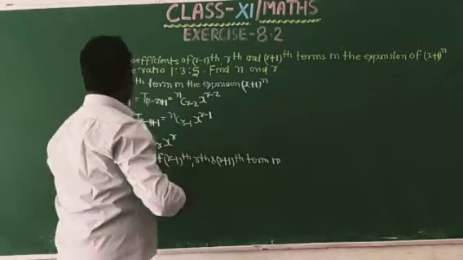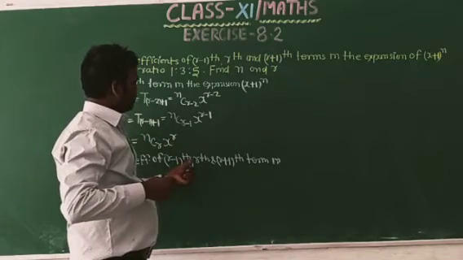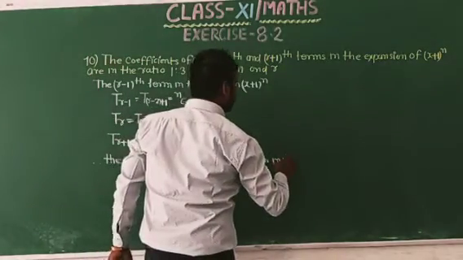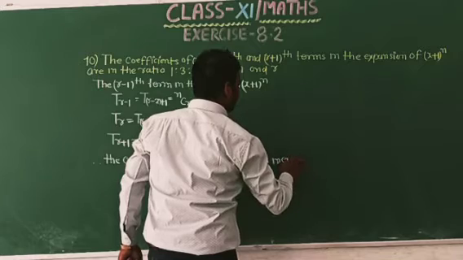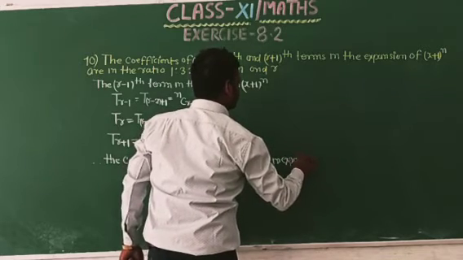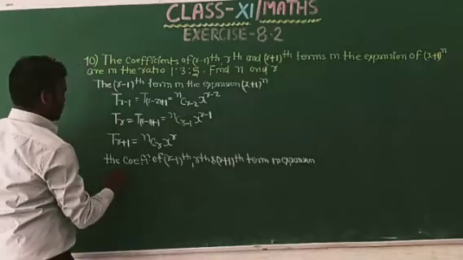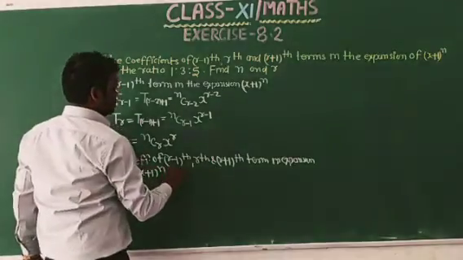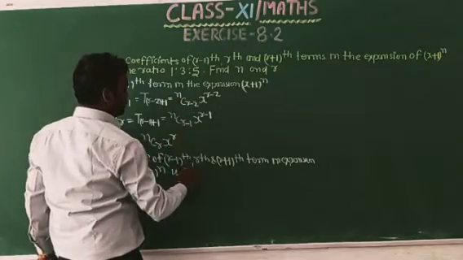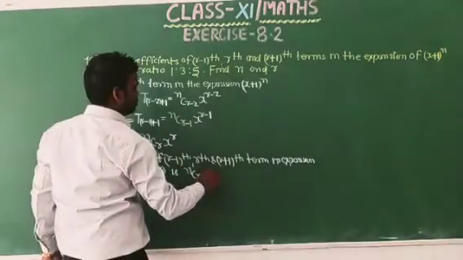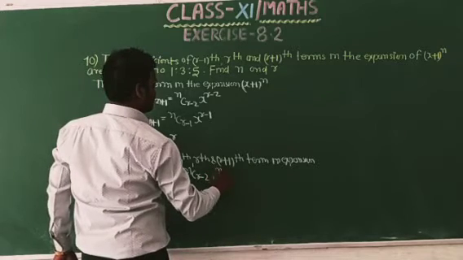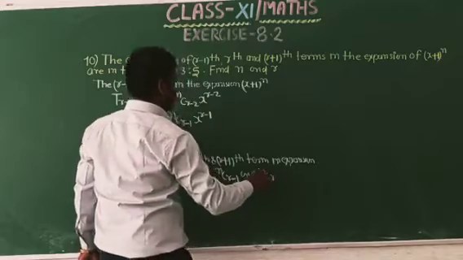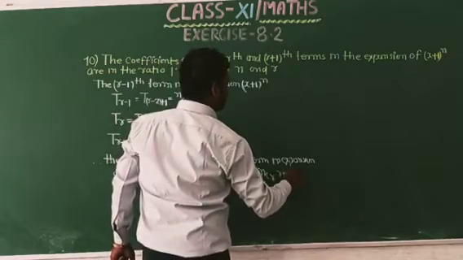So the coefficients of the (r minus 1)th, rth and (r plus 1)th terms in the expansion of (x plus 1) power n are nC(r minus 2), nC(r minus 1) and nC r respectively.